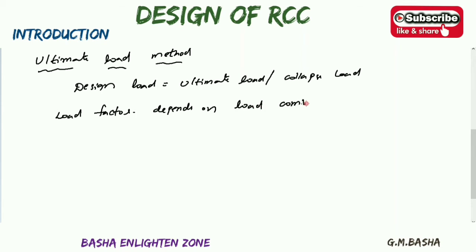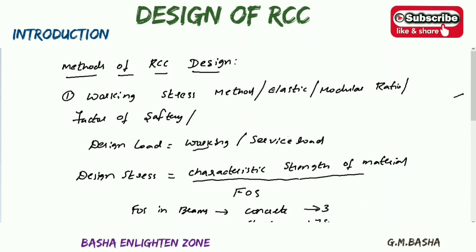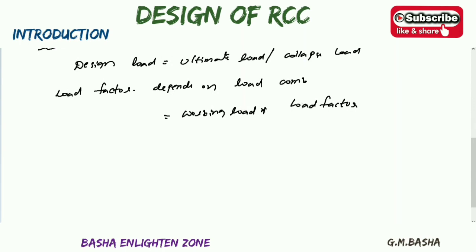The ultimate or collapse load equals the working or service load times the load factor. So here the design load is the working load times the load factor, but in the working stress method you can directly take the working or service load. That is the small difference we have to remember.